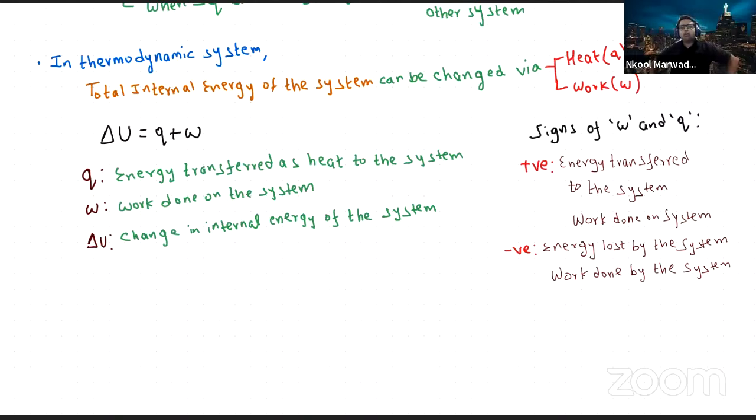Accordingly, we can alter this equation. Let us suppose in the numerical, it is given that the system is doing the work. Then, if I have to calculate the change in internal energy, I have to take W as minus, because whenever the system does the work, the sign will be negative.